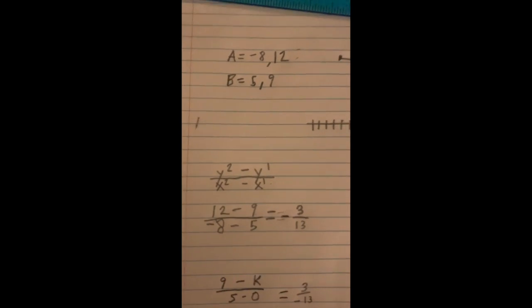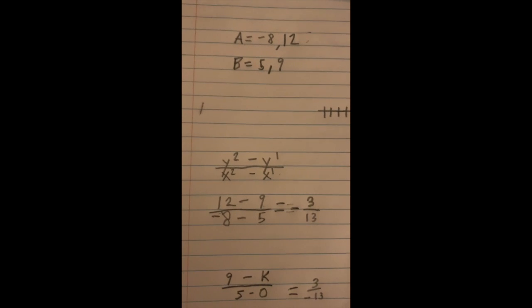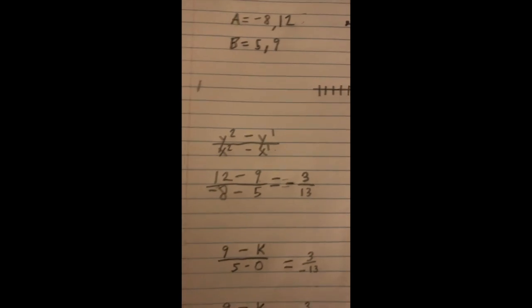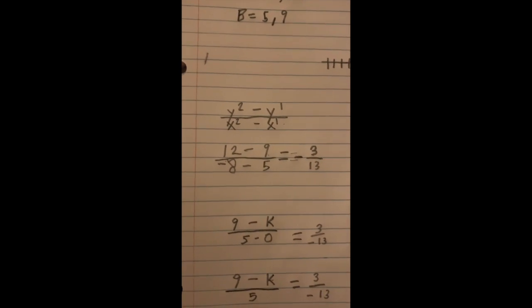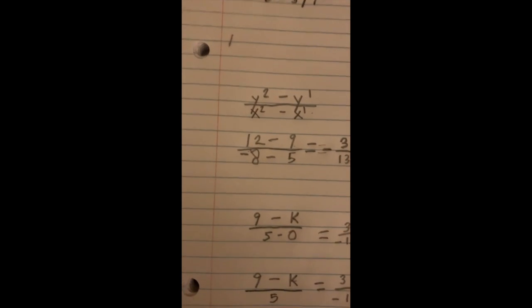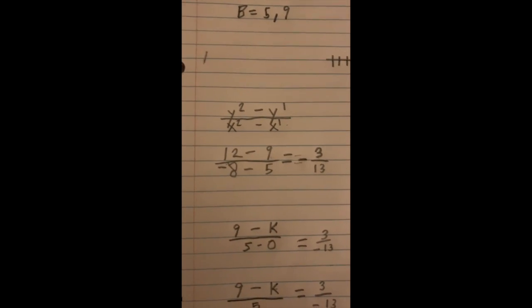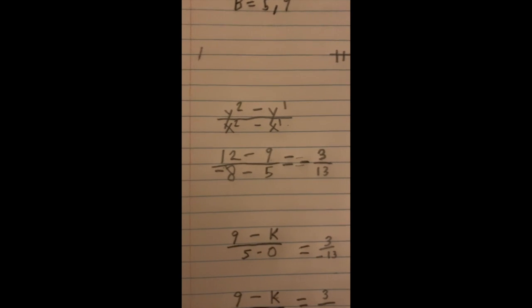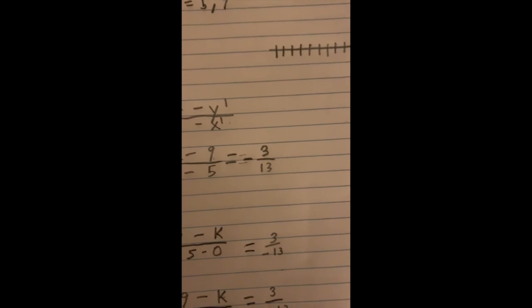And then you want to find the slope. The equation for slope is down here, y2 minus y1 over x2 minus x1. You want to plug in your 12 and your 9 and your negative 8 and your 5 here. And you get 12 minus 9 equals 3, and negative 8 minus 5 equals negative 13.